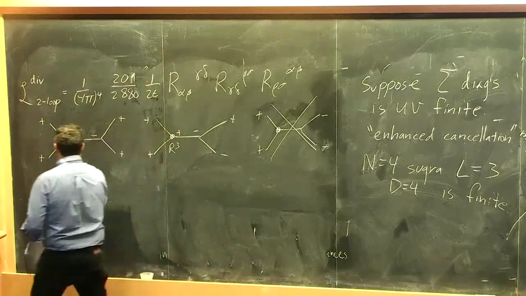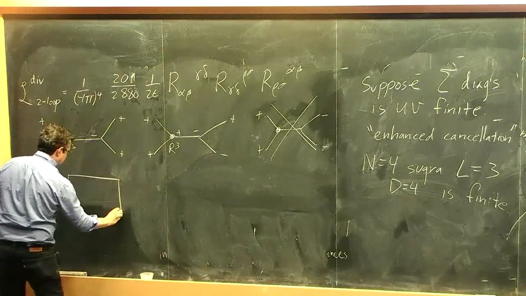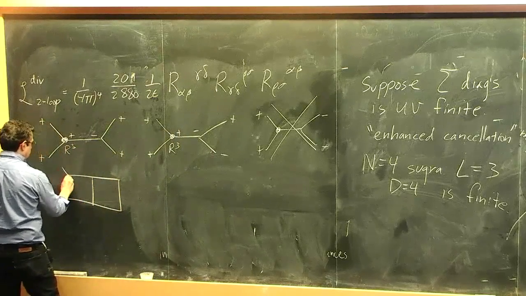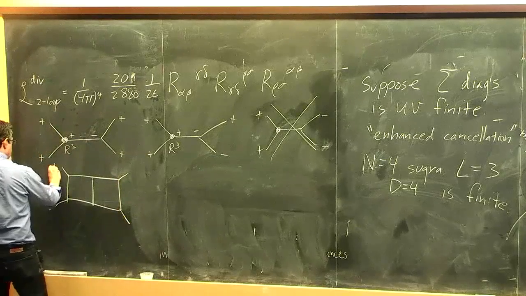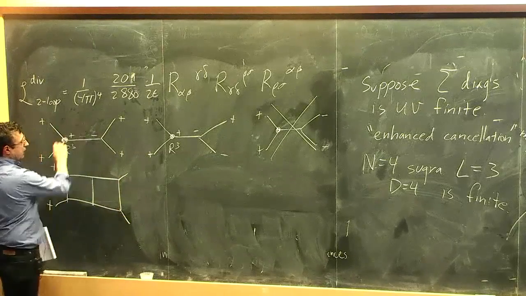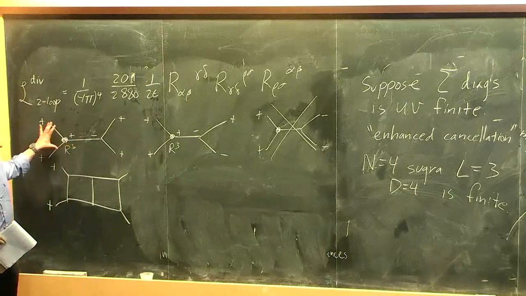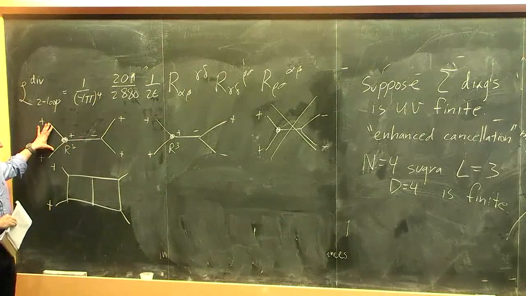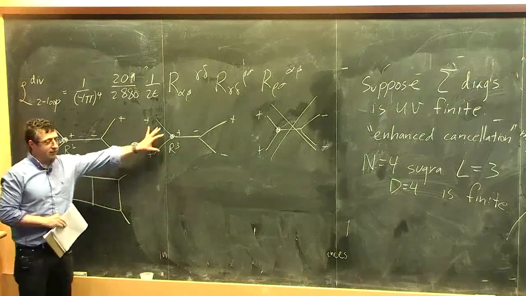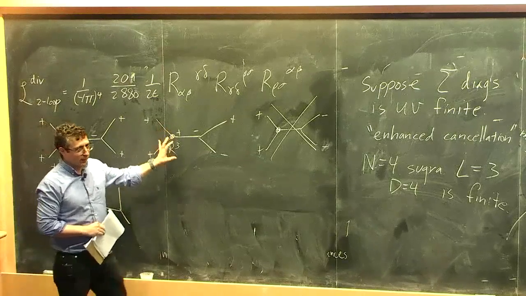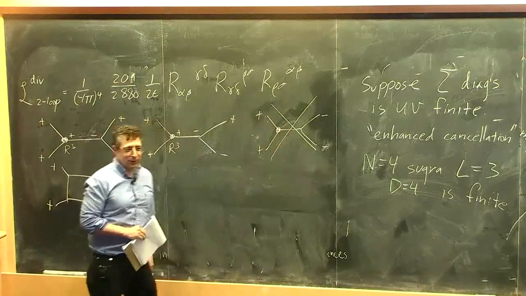So let's have a look at a 2-loop diagram for 2-to-2 scattering. And we're going to focus on this one. This one we've worked out, this helicity configuration. It turns out this helicity configuration is, I don't know, thousands of times simpler than this one, which is then thousands of times simpler than that one.